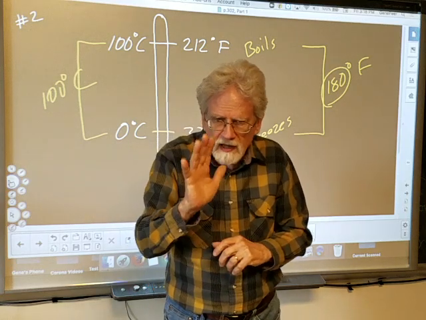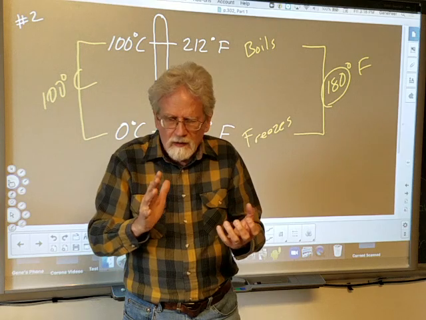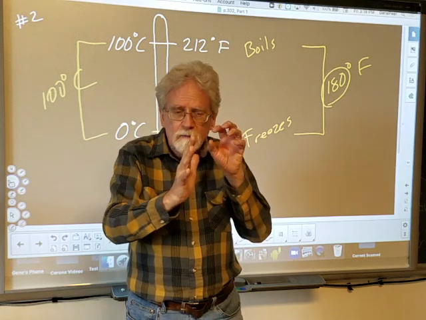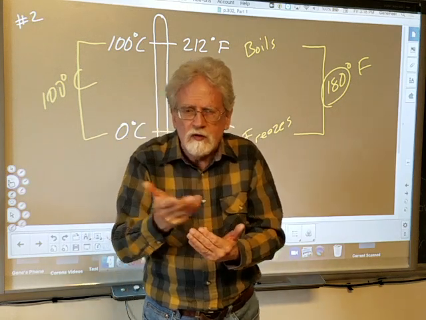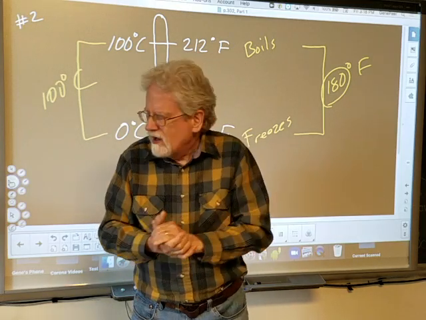Or my hand can sense when heat goes into my hand, like if I touch the warm burner on the stove and the heat from that burner goes into my hand. I sense those changes. I sense the movement of the energy. I sense the heat exchange.